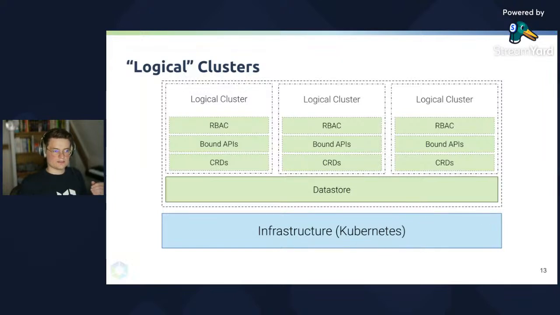Each logical cluster that you talk to is going through one API server that sorts out which logical cluster this request is coming from. Okay, then I need to apply different RBAC. I need to make different APIs available, and then it goes to the data store and fetches data from there. So this is basically logical clusters. And this is basically what KCP has built. And this makes it cheaper to spin up new logical clusters than the previous attempts at solving this problem.